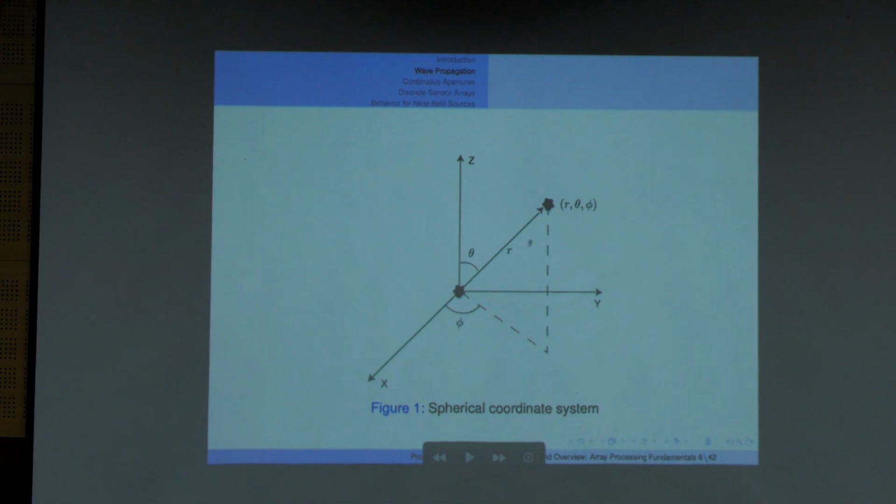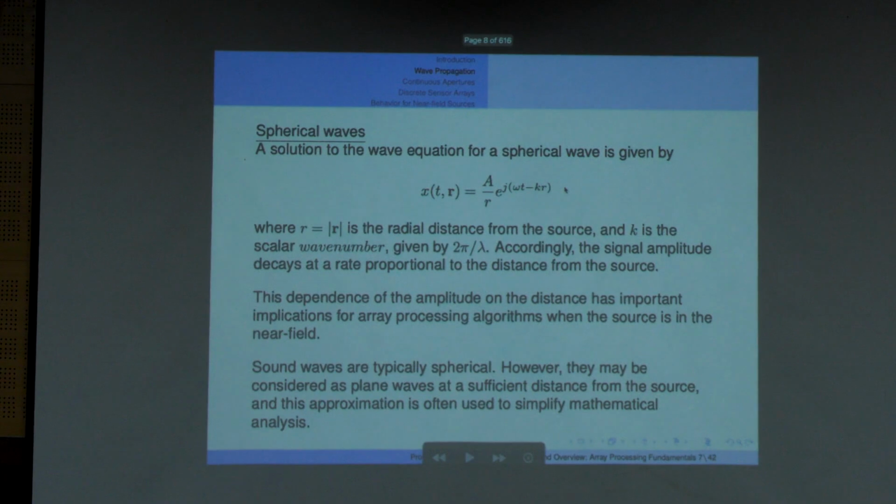If the distance is far enough, we can consider it as generating plane waves, and then it will propagate as plane waves. But if we generate a different type of wave, like a spherical wave, it will also propagate with this equation. So this equation also is a solution of the simple wave equation that we saw before.